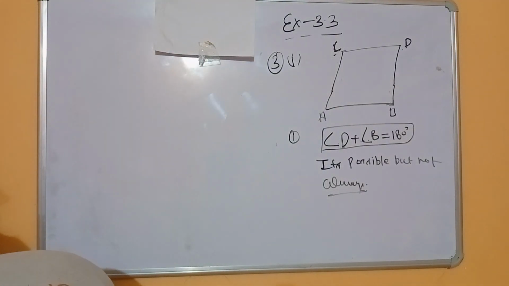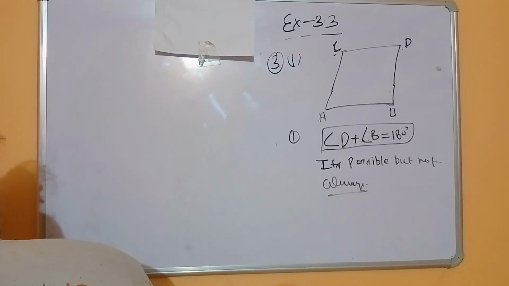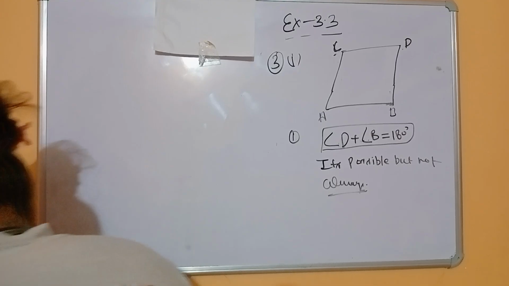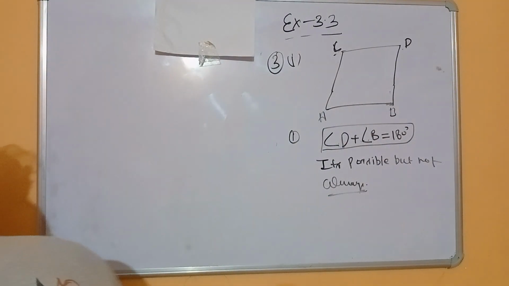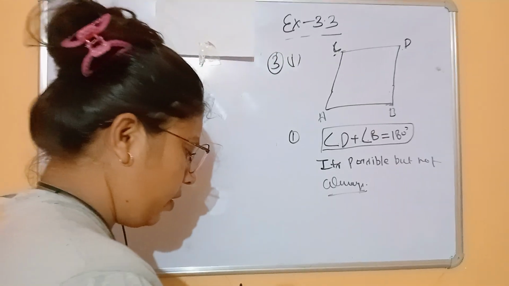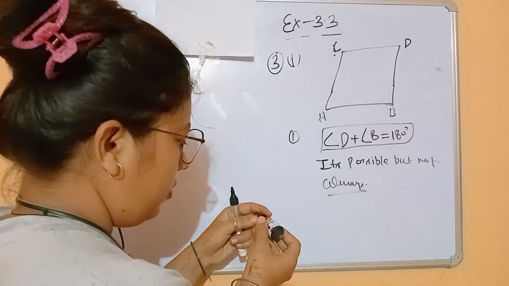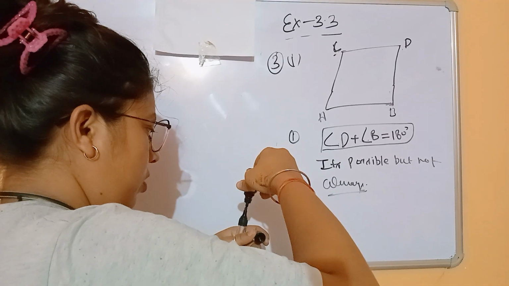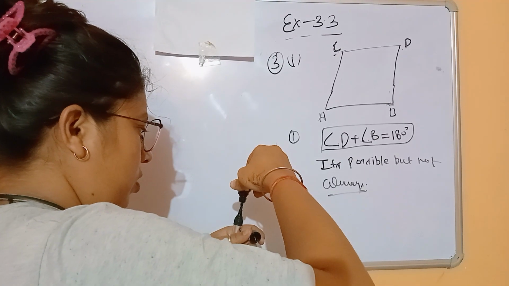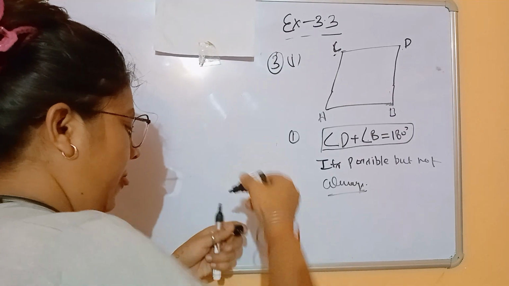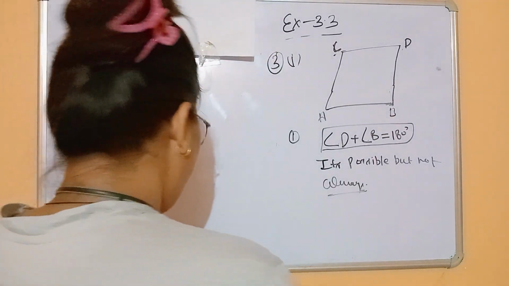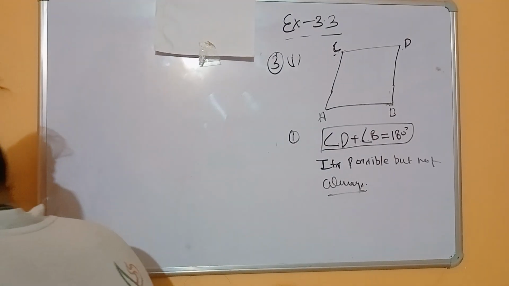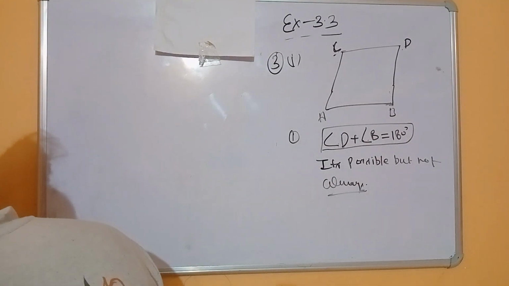Next question says AB is equal to DC is equal to 8 centimeter. What does the second question say? First write, then understand. Now we understand the next question.